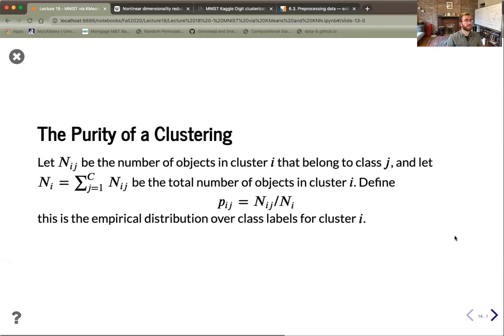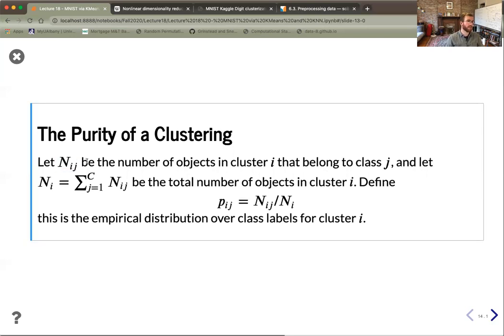All right, so this is a very important topic that's going to be pertinent to the K-means project that we've been looking at. We're looking at how we assess the purity of a clustering. This is a situation where we're trying to cluster even though we have labeled data. So let's define some notation.